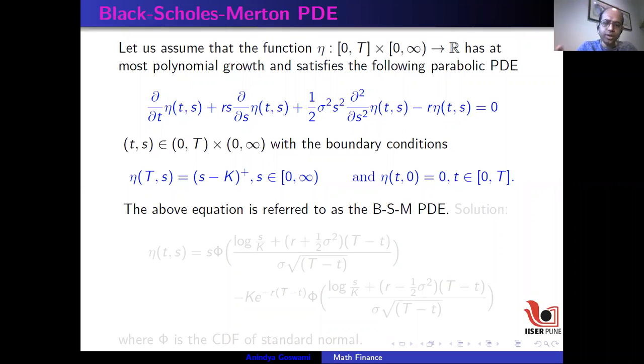So you need to have some growth property. If eta is bounded by some growth property, then using that growth property, you can come up with some appropriate norm.